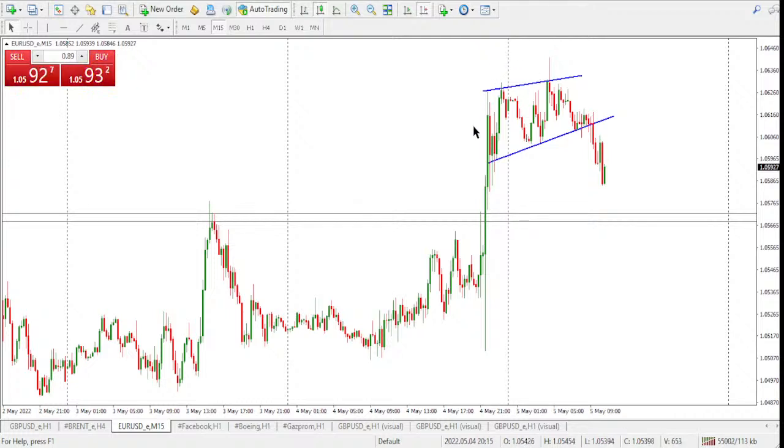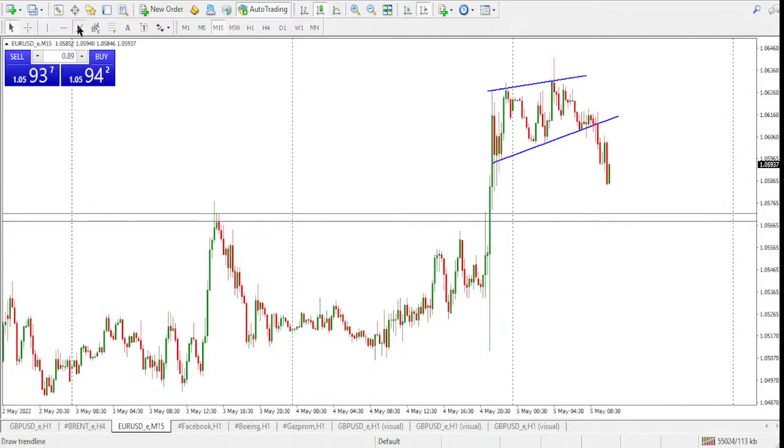Other than this shape here, we have another shape, and another shape like that, and then another like that.